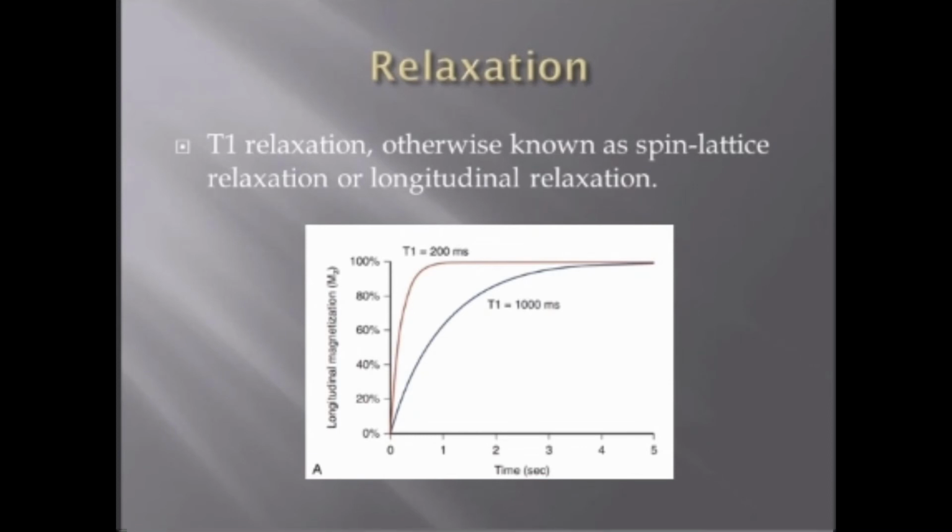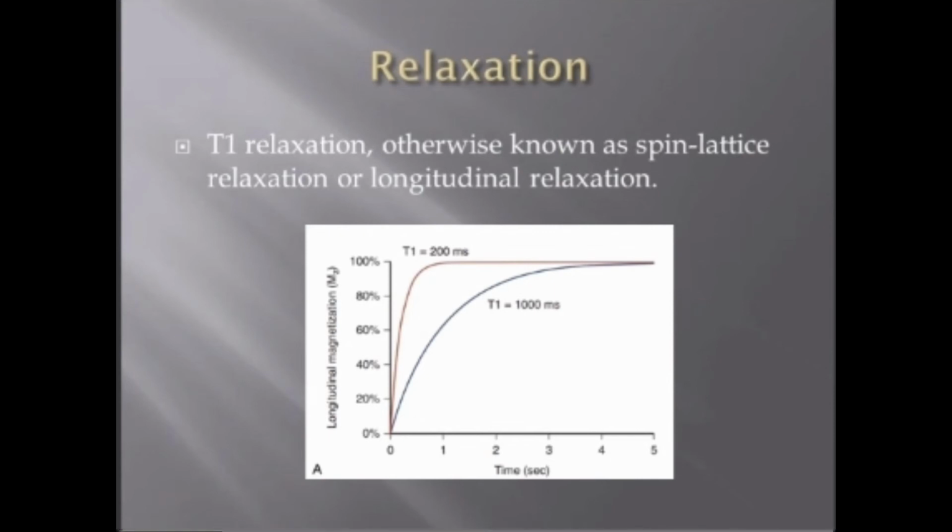Relaxation. T1 relaxation, otherwise known as spin-lattice relaxation or longitudinal relaxation. A plot showing the T1 relaxation of two tissues, the red curve and the black curve, with different T1 values after a 90-degree radiofrequency pulse.